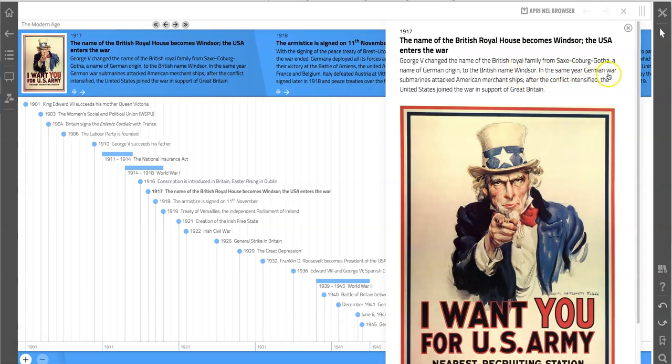In the same year, German war submarines attacked American merchant ships. After this event, the conflict intensified, and the United States joined the war in support of Great Britain in 1917.